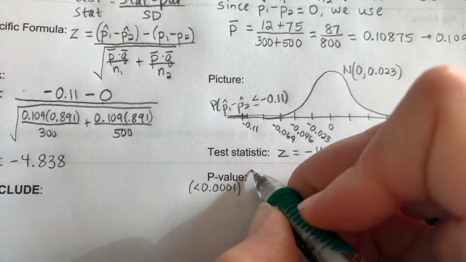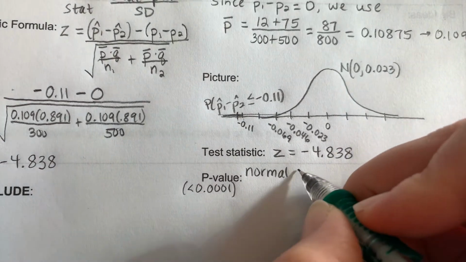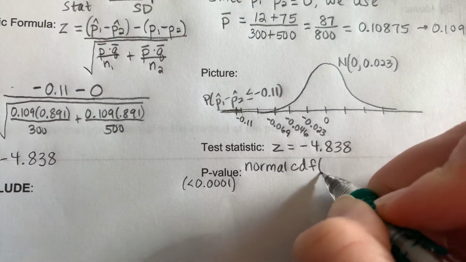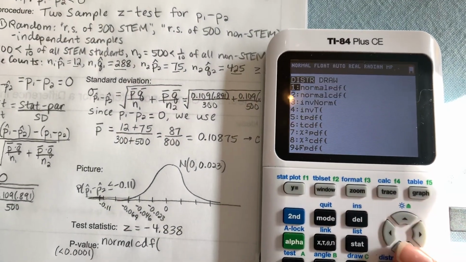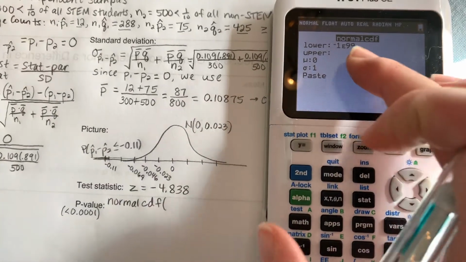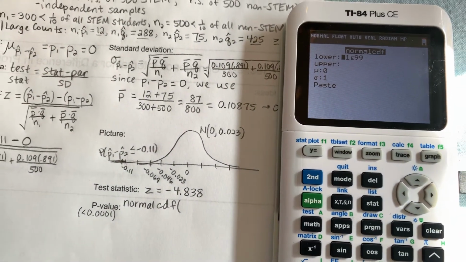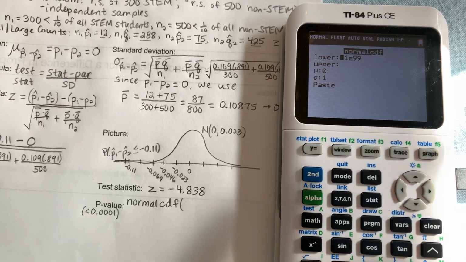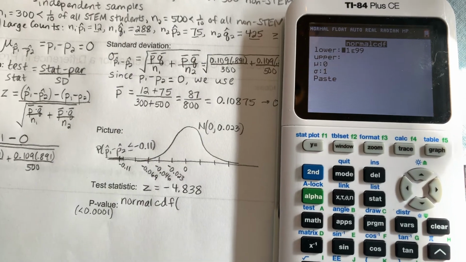So I'm going to use that normal CDF function to figure out exactly how much less it is. So normal CDF, let's go ahead and find that. We go to second distribution. It's the second one, normal CDF. This negative 1 e to the 99th is fine to leave there. It really means that we are multiplying negative 1 by 10 99 times.